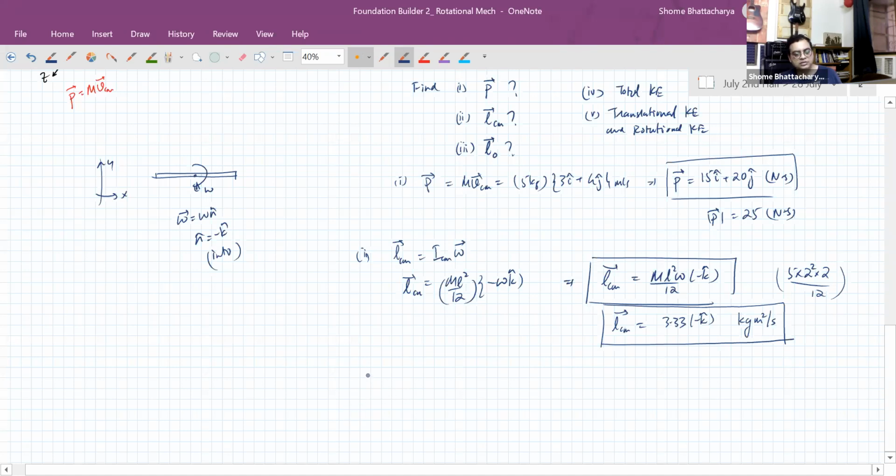Now the third one is a slightly more tricky one. The angular momentum with respect to the origin is r cross linear momentum of the center of mass plus I CM into omega. So note down these two parts. Hope you have understood this.